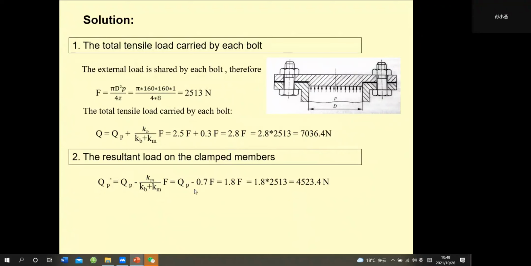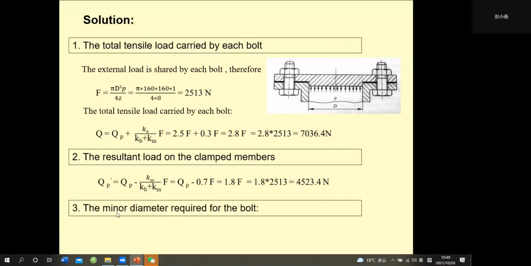So it's the load minus 0.7 times F. This is the resultant load on the clamped members.